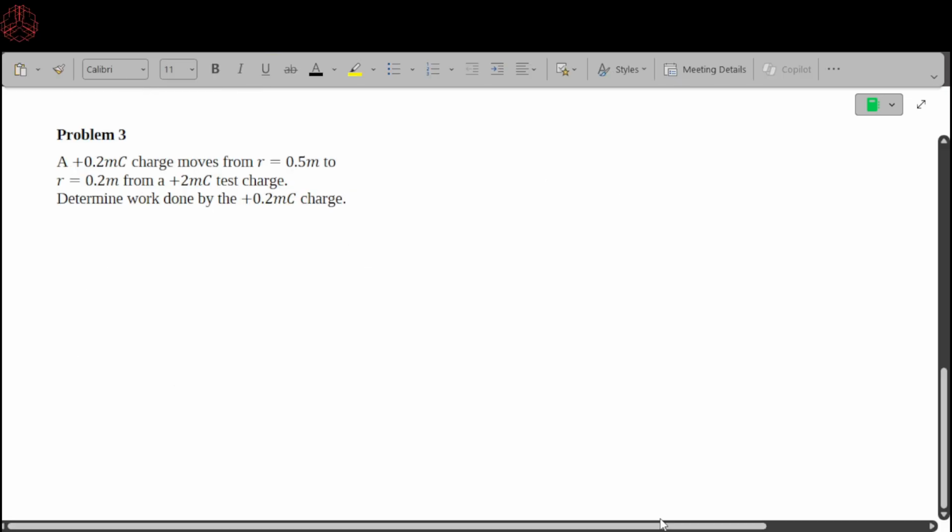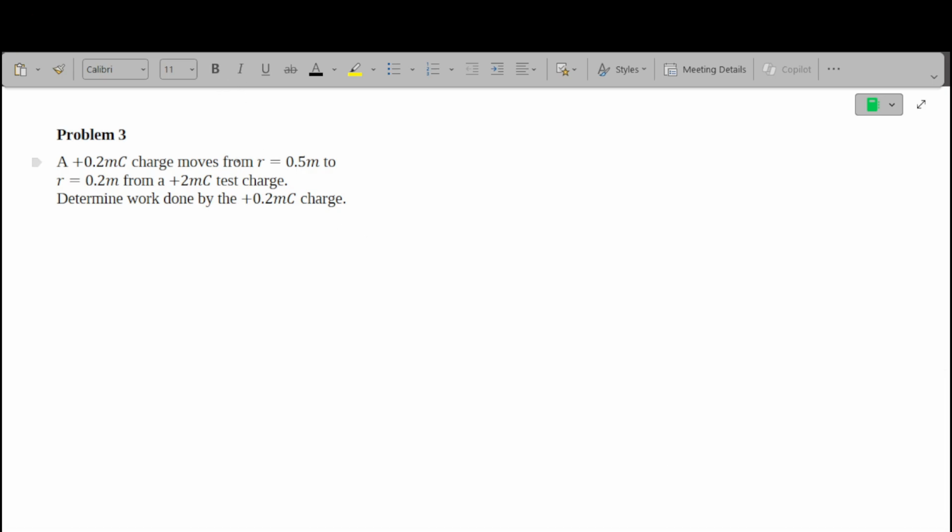Okay, moving on to problem 3. Let's look at this question. A 0.2 millicoulomb charge moves from R equals to 0.5 meters to R equals to 0.2 meters from a positive 2 millicoulomb test charge.